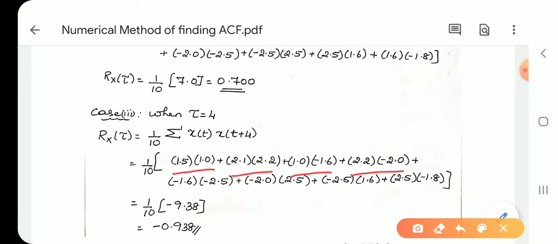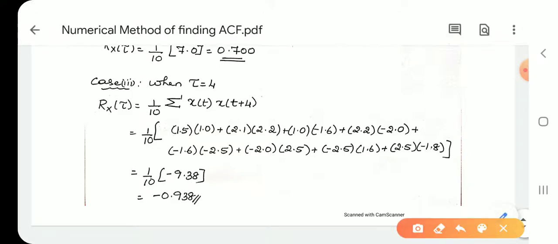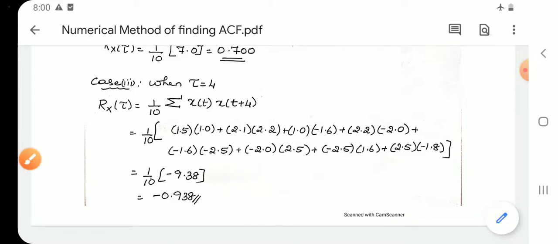After simplification, we get the value of the autocorrelation function Rx of tau as minus 0.938.